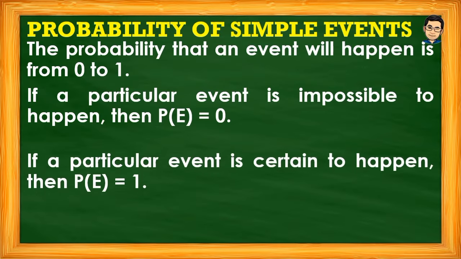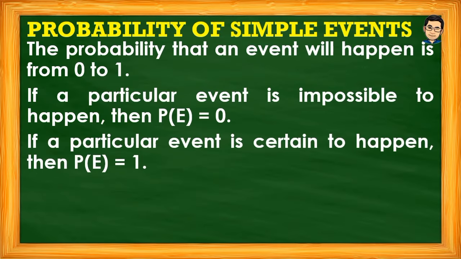What else? If a particular event is certain to happen, then P of E is equal to 1. So, ang kabaligtaran or counterpart ng event na impossible na mangyari, of course, yung possible. So, kapag ang isang event, 100% sure siyang mangyayari, so the probability is 1.